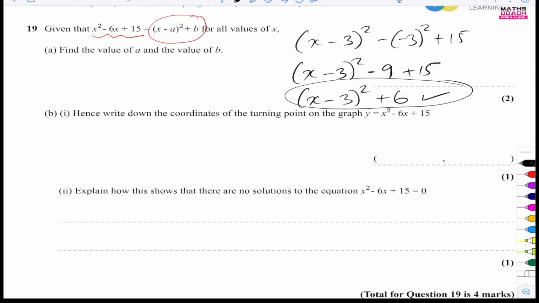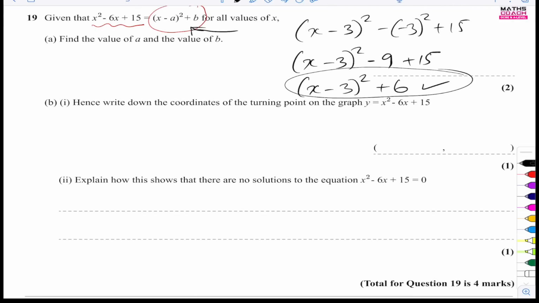Okay. So you've got it into this form right there. Now, it says write down the coordinates of the turning point. Now, this is something that you need to know. Minus p, q. So your value of p is actually here. In this case, it's actually using a and b, but usually they do use p and q instead of a and b.